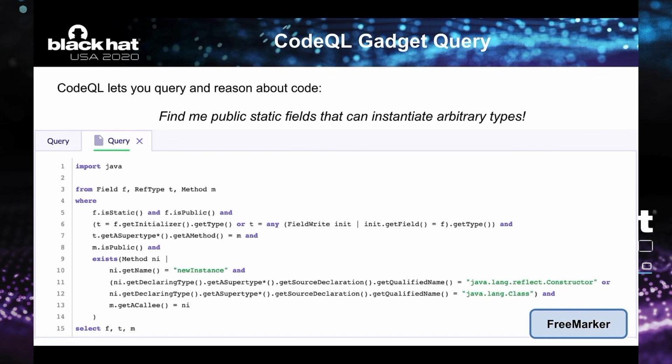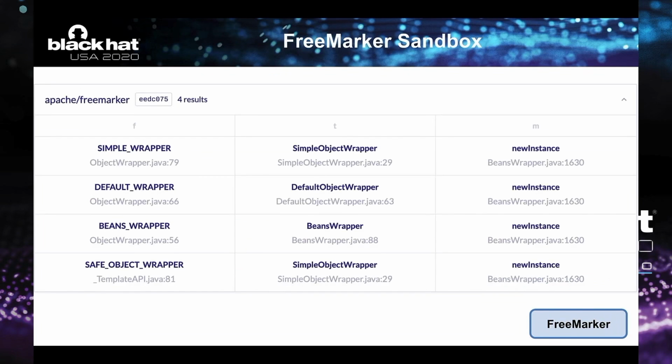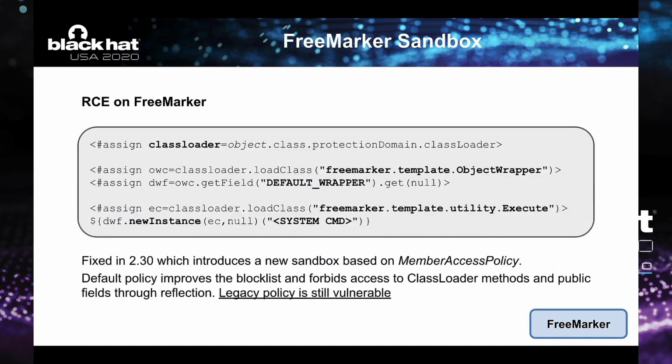Running this query on FreeMarker code, we found 4 different results. All of them are fields from different interfaces or classes, but what they have in common is that all of them extend from the BeansWrapper class. And this class contains a newInstance method, which will allow us to instantiate arbitrary types.